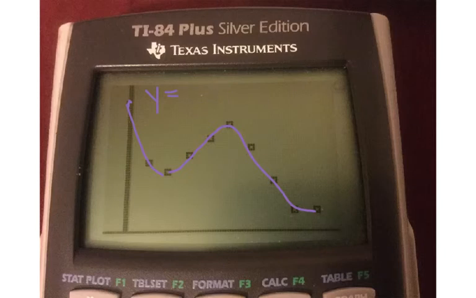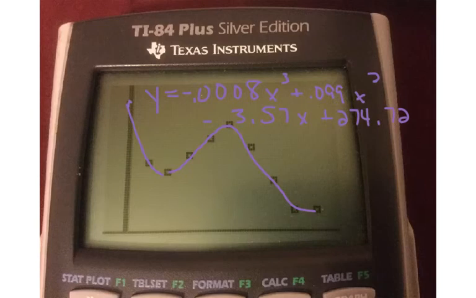There is scientific notation in this problem, so I'm being careful.